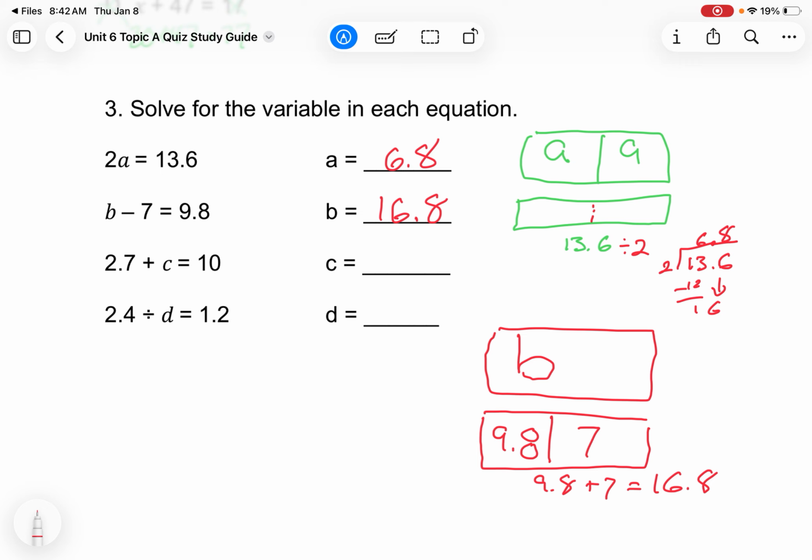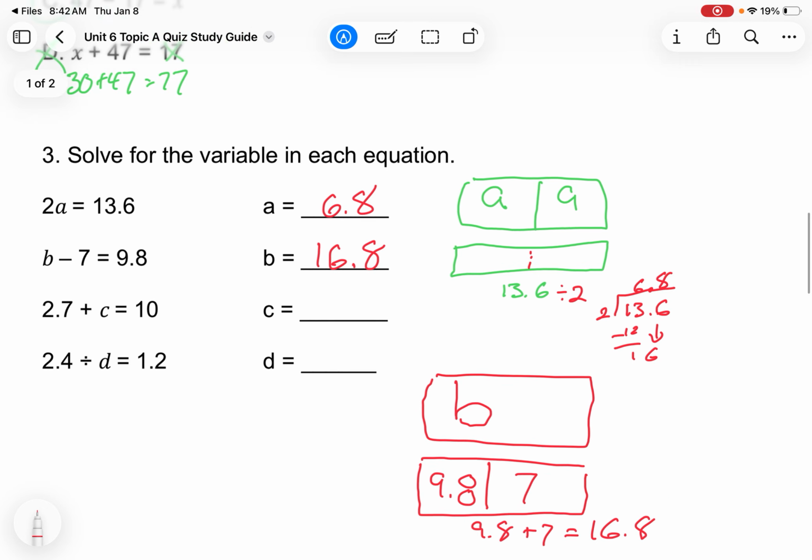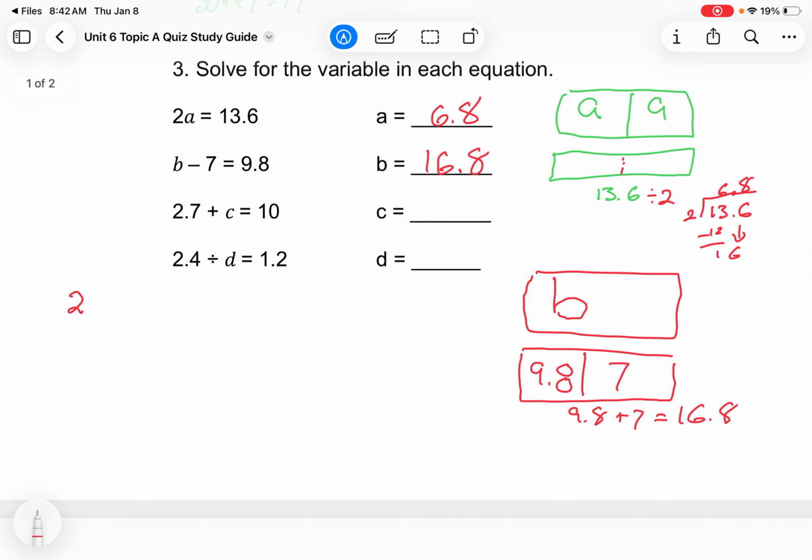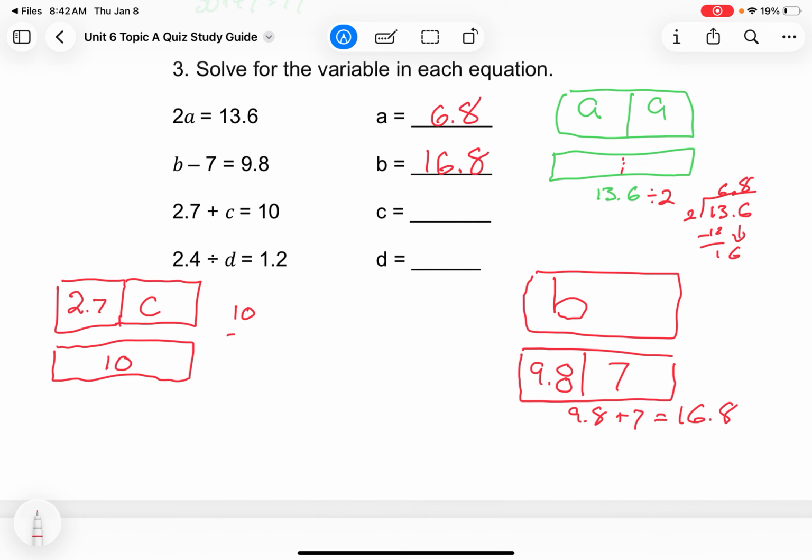Now, $2.7 and C equal 10. So we do 10 minus 2.7.